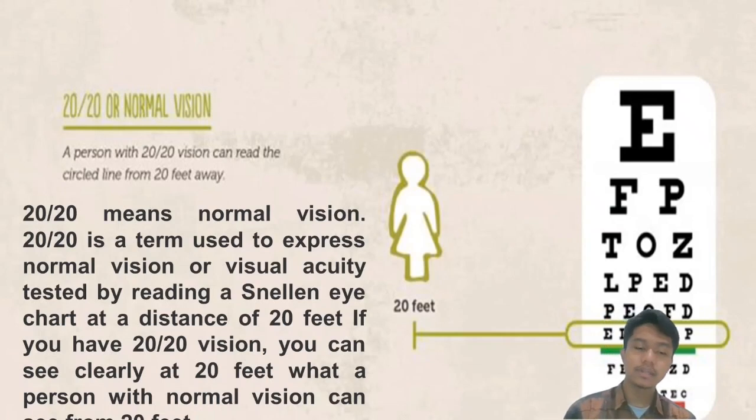Some people, mostly children, have vision better than 20/20, maybe something like 20/15 or 20/10. This means that you can see something 20 feet away that most people can only see when they are 15 feet or 10 feet away. So let's move on to the next slide.